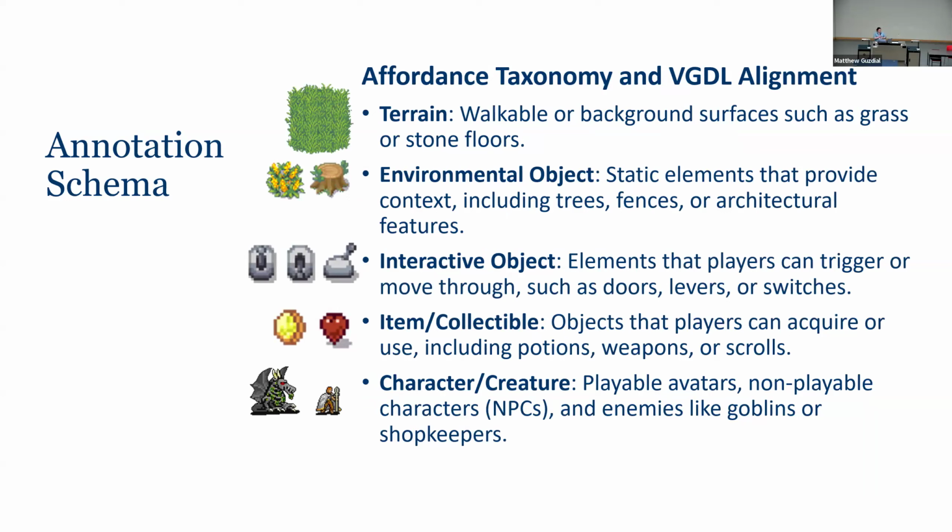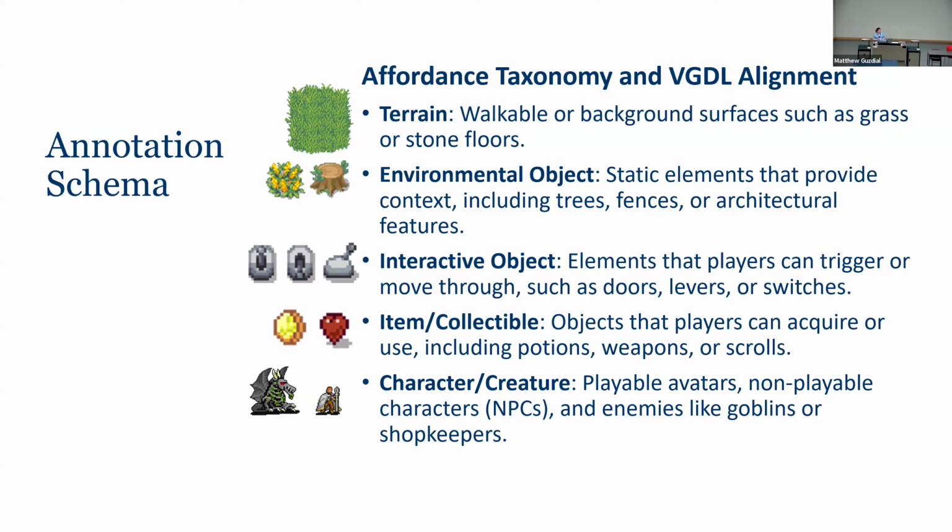Then the affordance labels we used in this list were adapted from the gameplay roles defined in the original VGDL paper. But rather than using the full VGDL ontology, we simplified and reorganized it to better match what can realistically be inferred from the 32 by 32 pixel art tiles. We use 5 categories here. The terrain covers walkable, workable, or background surfaces.